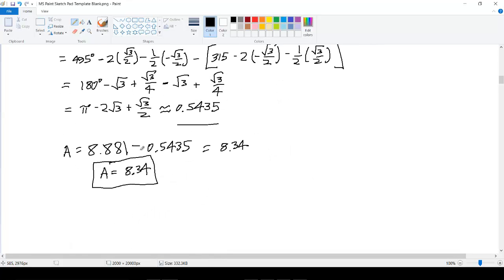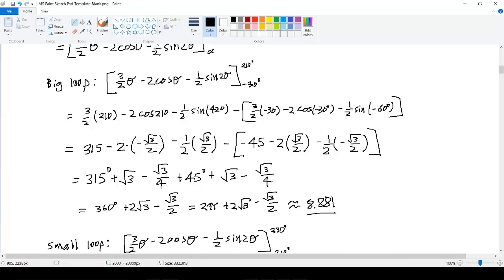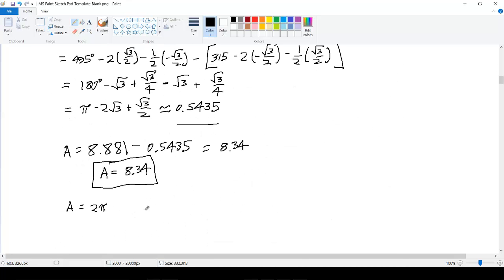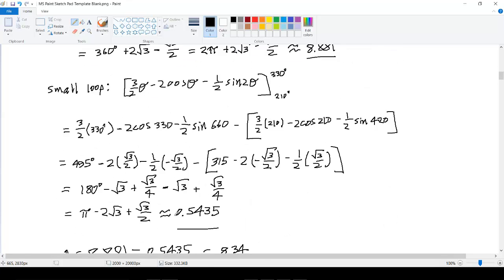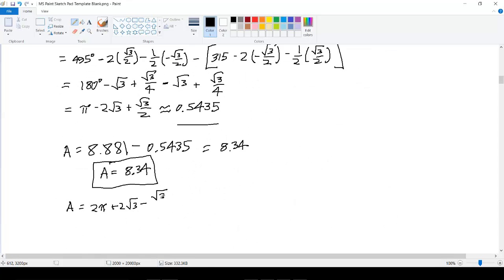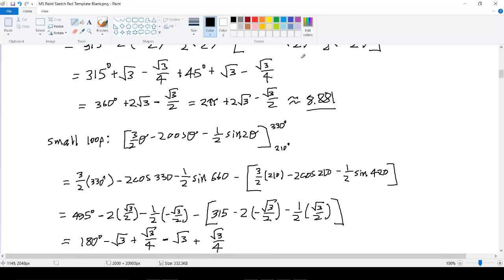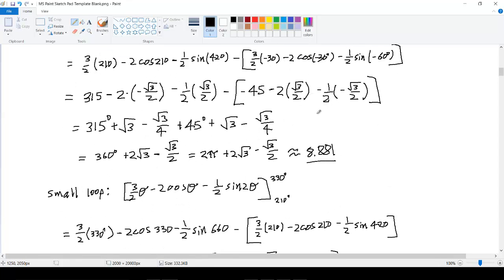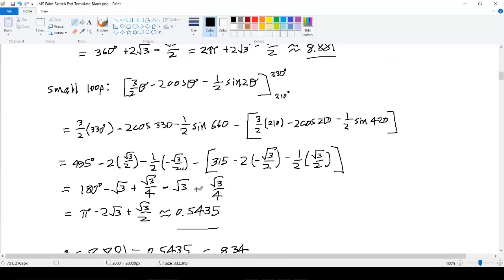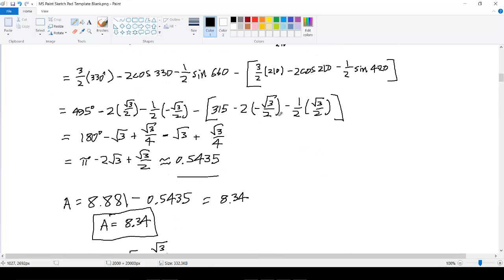It'll be 2 pi, the area would be the bigger 2 pi plus 2 root 3 minus root 3 over 4. Did I get that right? Was it really root 3 over 4? Yeah, that was right. Why?